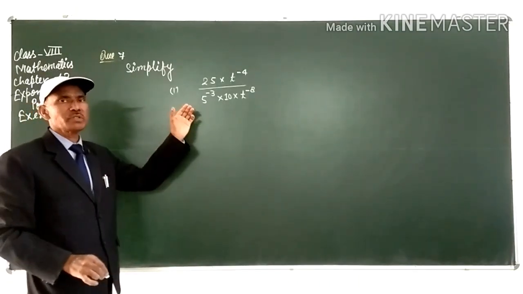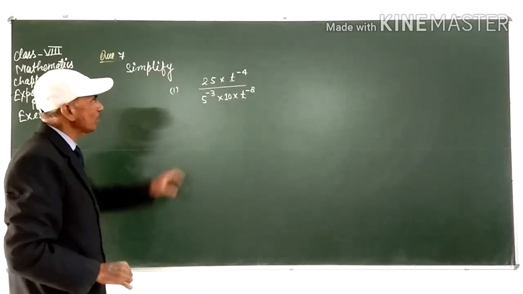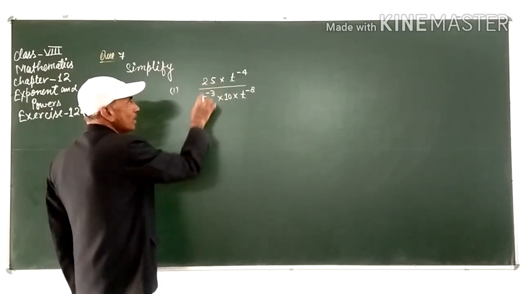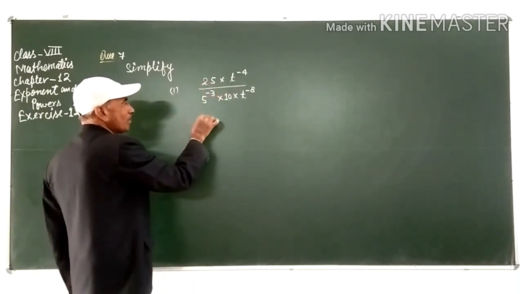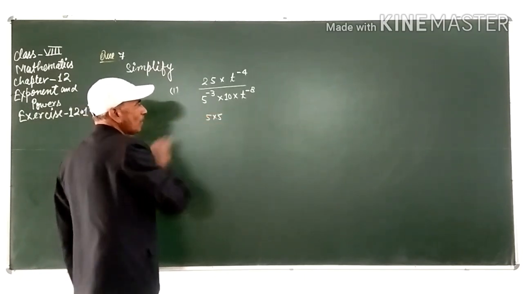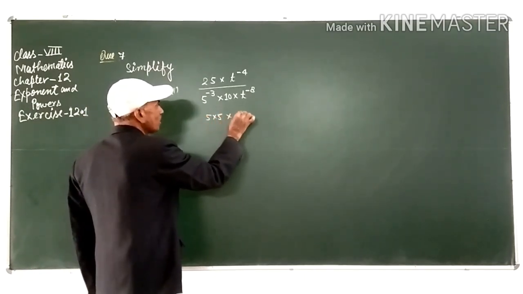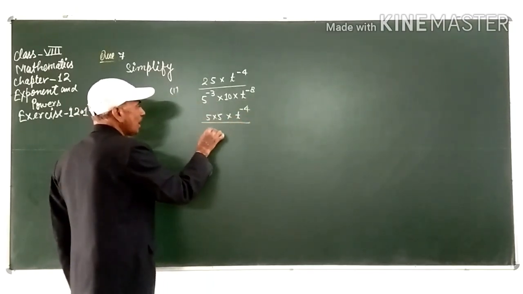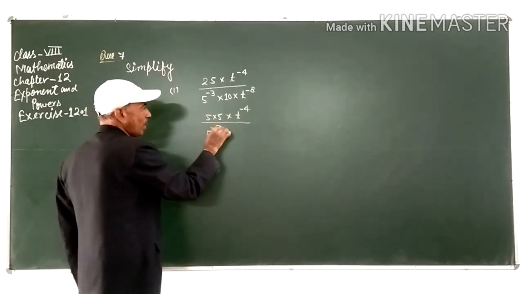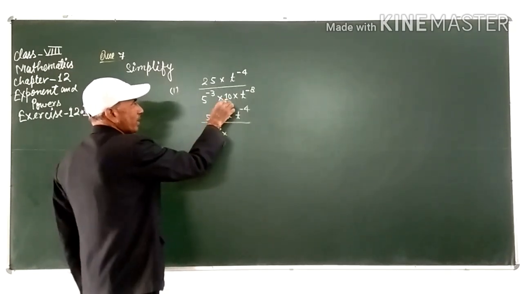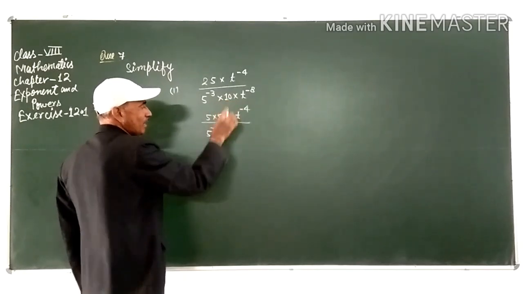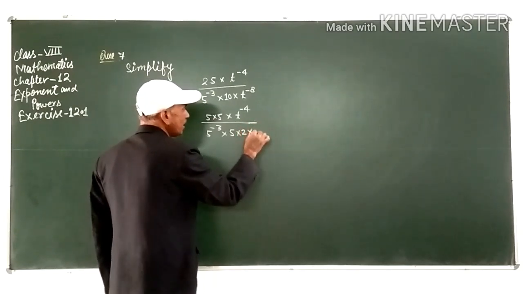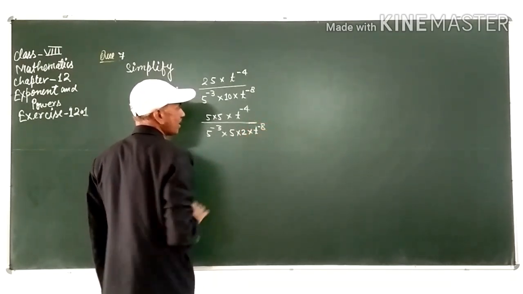This is the first part of question number 7, students, and in this part you have to simplify this. So first of all we have to write this 25 in the exponential form, that is 5 into 5, into t to the power minus 4, and this one 5 raised to the power minus 3 into 10. Write the factors of 10, that will be 5 into 2, into t to the power minus 8.